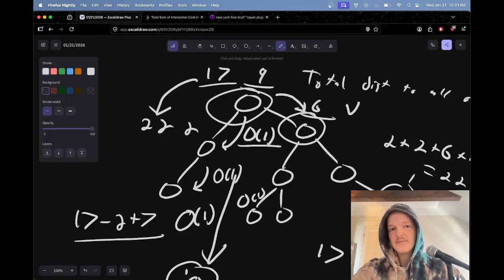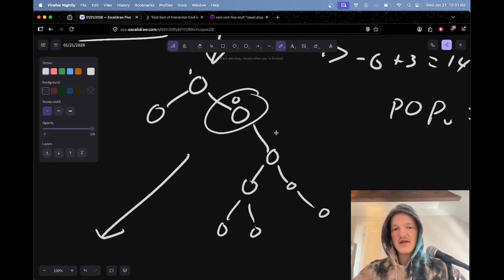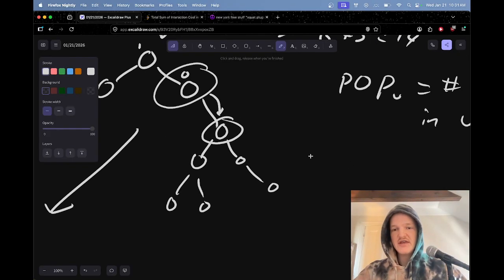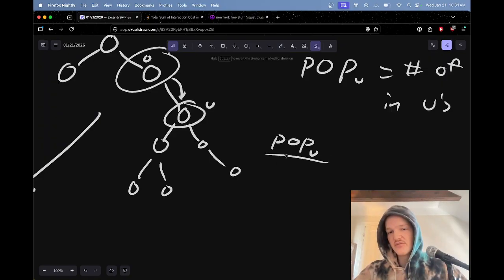So let's go to a clean tree. If we're here and we're going to step to here, this is going to be population. This is u. So it's going to be population at u, at I for all of the, but that's fine.